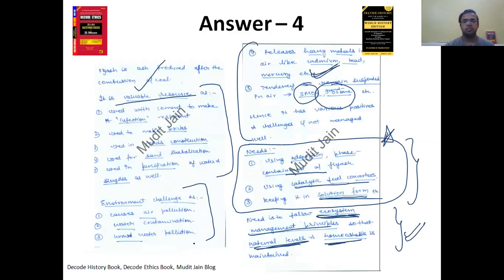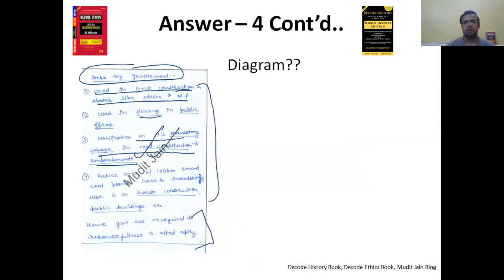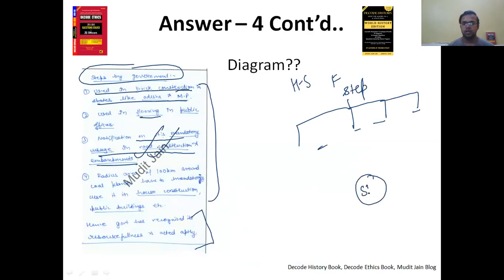All that I missed in this answer was a diagram. Again, you can draw a hub spoke model. It is very easy. You can draw a flowchart. What you can do is that here write steps and then just in one word each mention the steps. Or if you want to draw hub spoke, write steps and in 1, 2, 3, 4 words mention the steps taken.